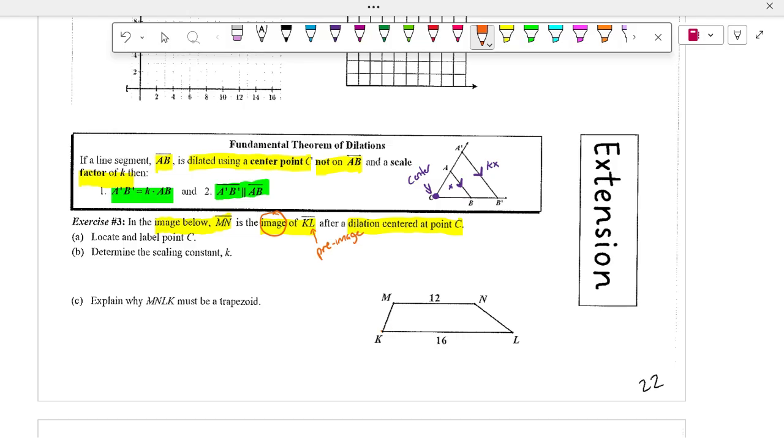So we use the lines of MK and NL. Kind of like this picture right here. Do you see how there's a little trapezoid right here? Well, they just made it into a triangle by connecting those lines because they do intersect. And where they intersect is point C. So if I continued those lines, wherever they intersect, that's point C.